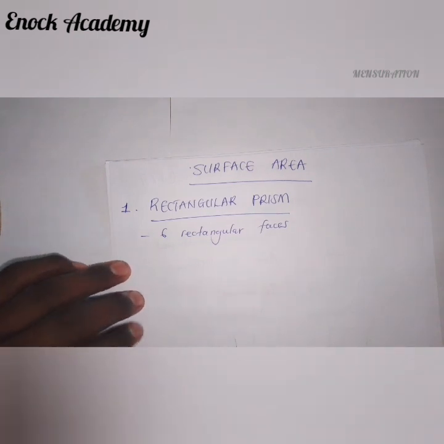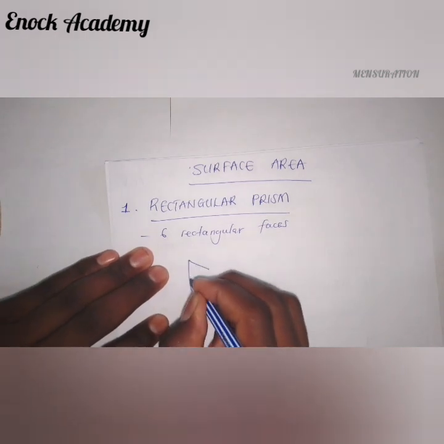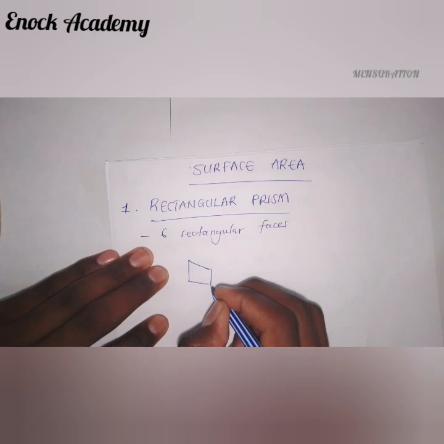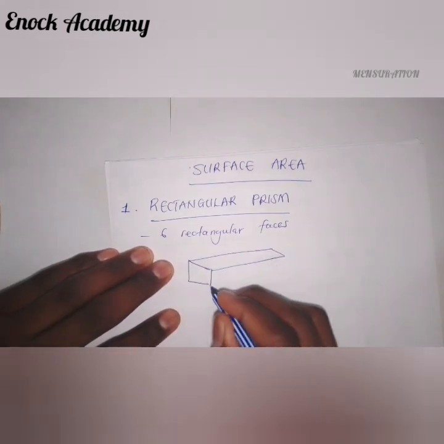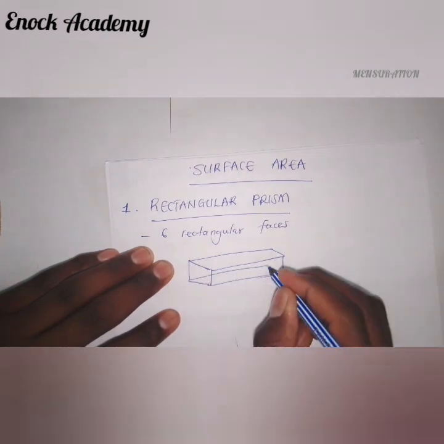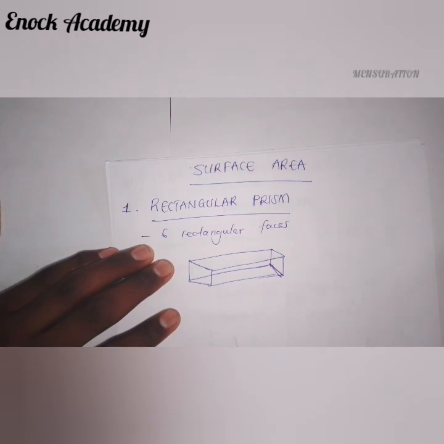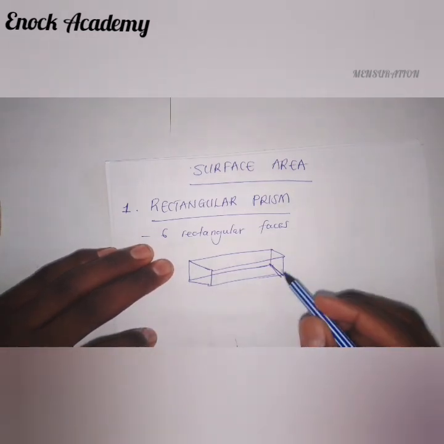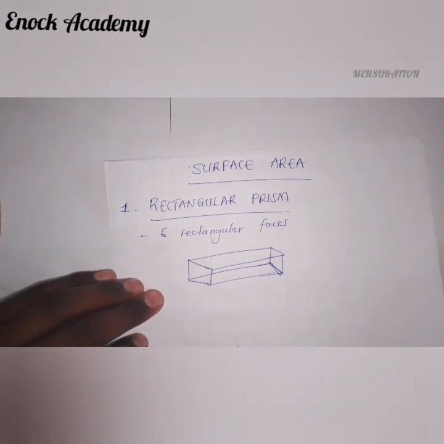So it looks like this. Remember we're talking about 3D shapes, so it has got 3 dimensions. This is the rectangular face. Now how do we calculate the area of the rectangular prism?